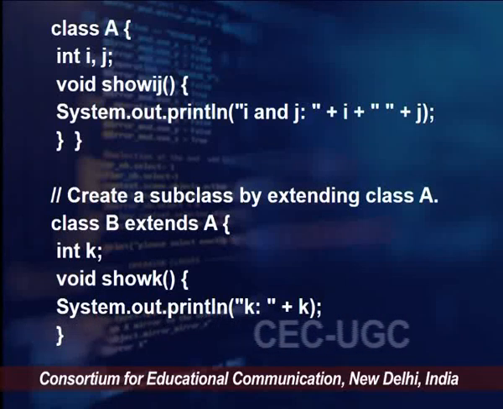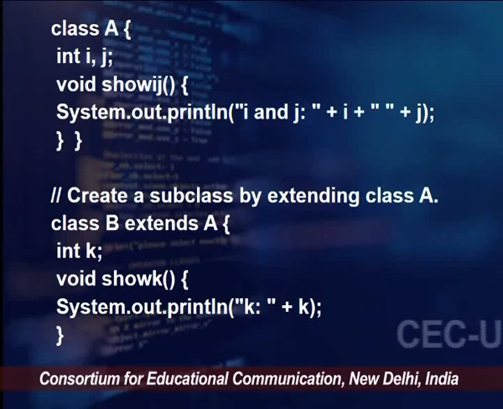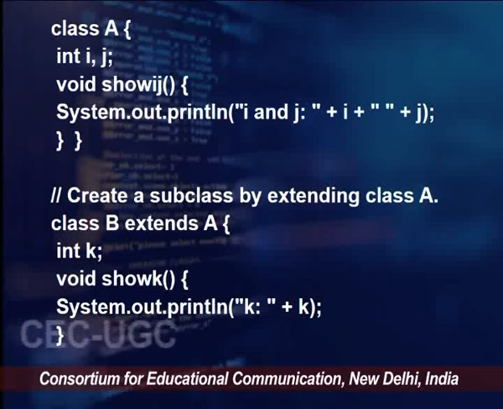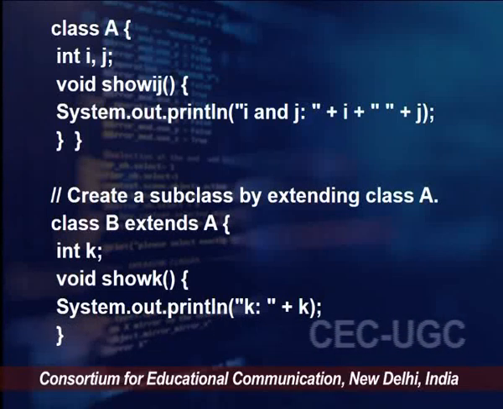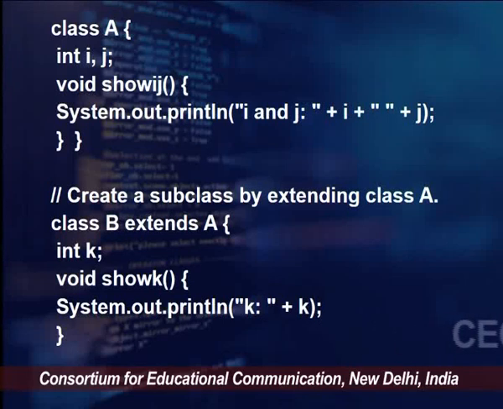As you can see, the values of i and j are something which is out of the inverted commas. So here the function show ij is getting closed and also the class A is getting closed, and this is shown with the help of two curly braces.